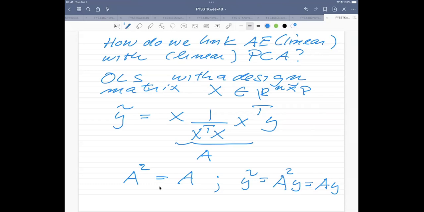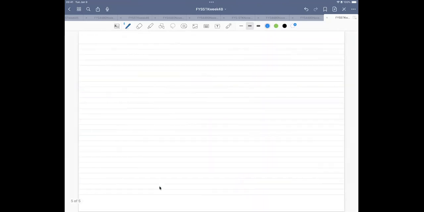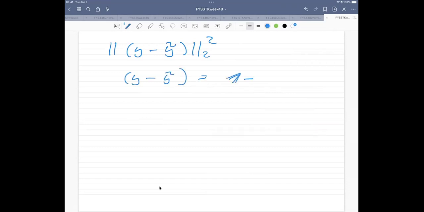That means that when we look at the mean squared error, and now I'm skipping the term 1 over n, since this y minus y tilde is equal to 1 minus this A matrix times y, we can actually write this as 1 minus A squared times y.